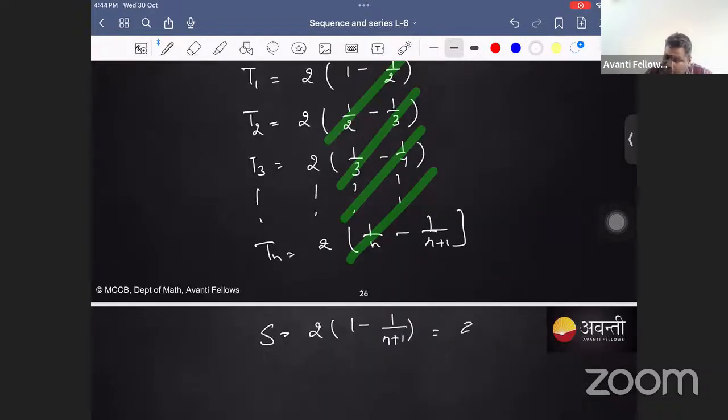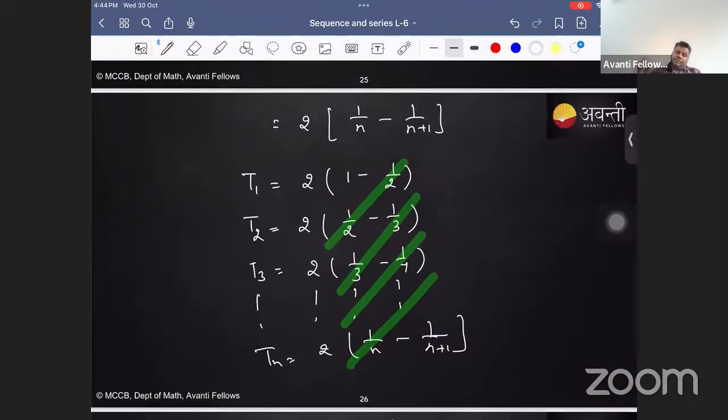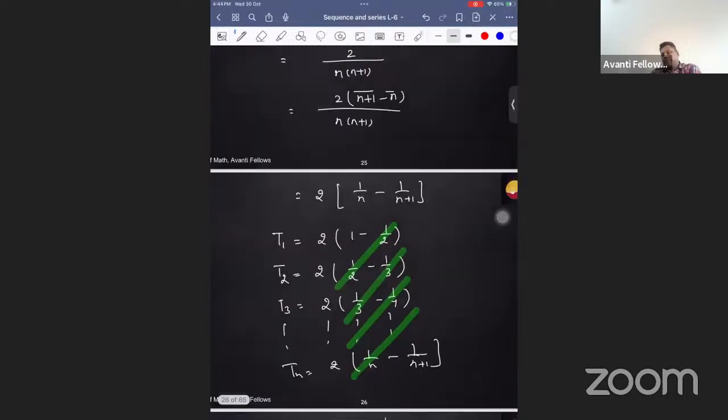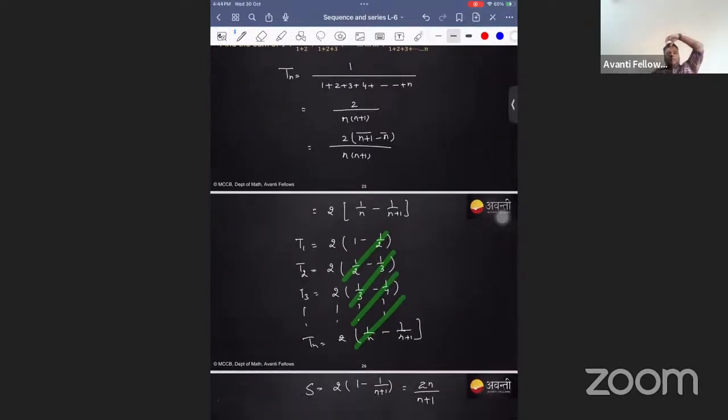Now if you take LCM, it is 2n upon n plus 1. Got it?